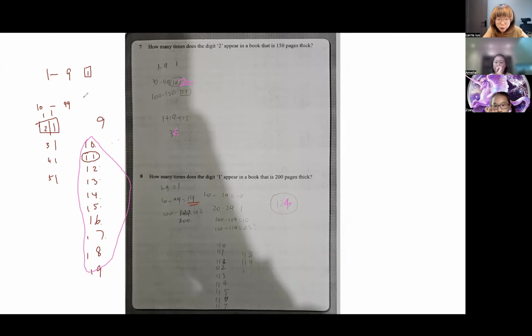And also from 100 to 199, how many of them are there? You remember every time this one shows up for every single number. So for 100 to 199, in total is it 100 times?